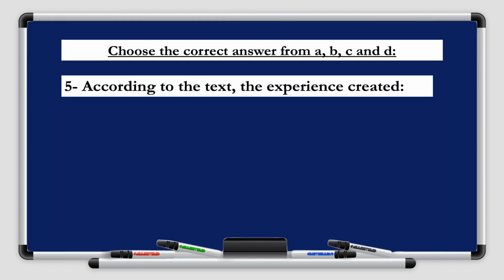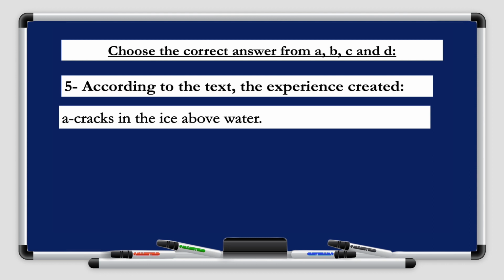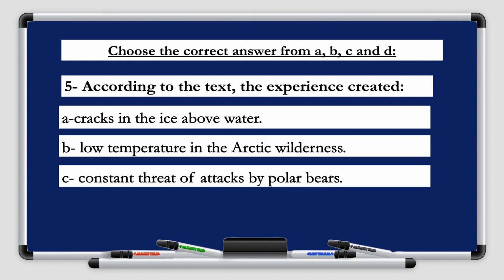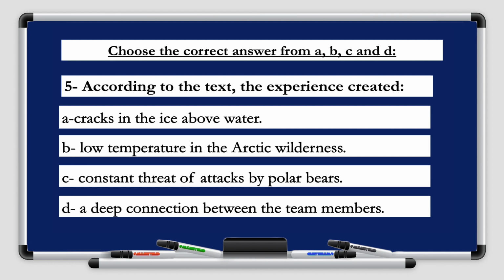Number 5. According to the text, the experience created cracks in the ice above water, low temperature in the Arctic wilderness, constant threat of attacks by polar bears, or a deep connection between the team members. When reading the text, you will understand that the answer is that this experience created a deep connection between the team members.